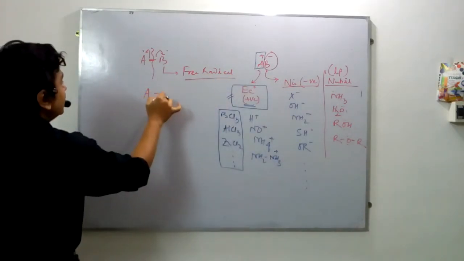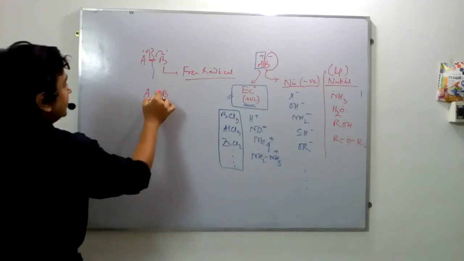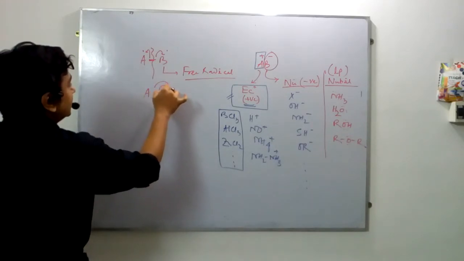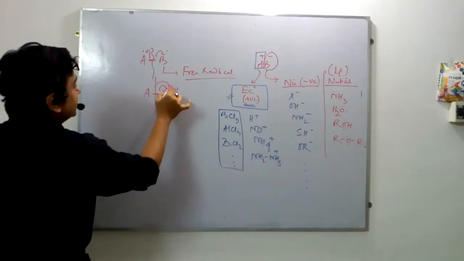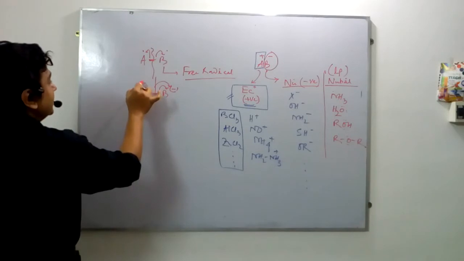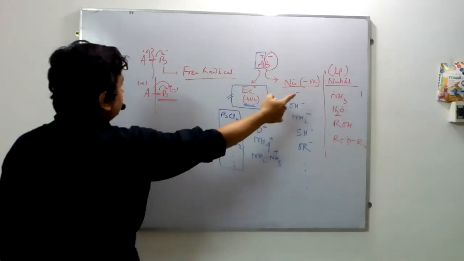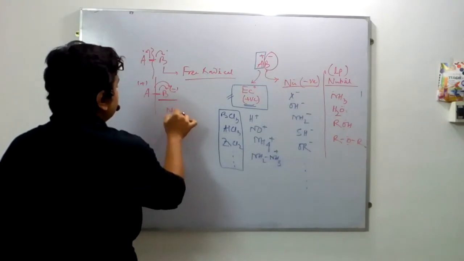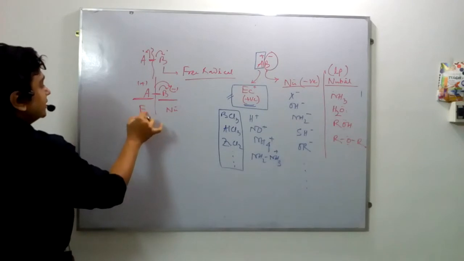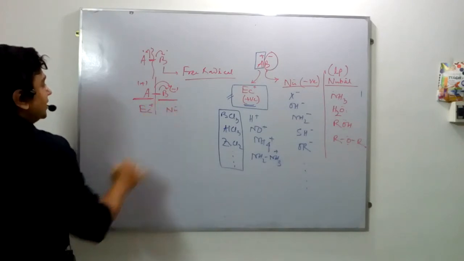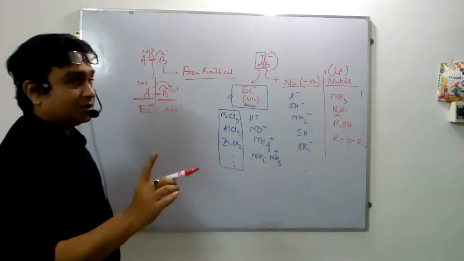Now if bond cleavage is not homolytic, B abstracts both of the electrons responsible for formation of this bond, giving B minus, and A forms A plus. This minus charge holder, you can understand, is known as nucleophile, and this positive charge holder is electrophile.